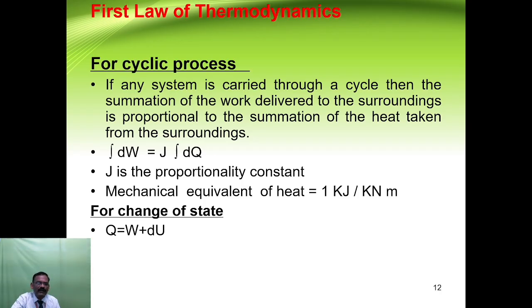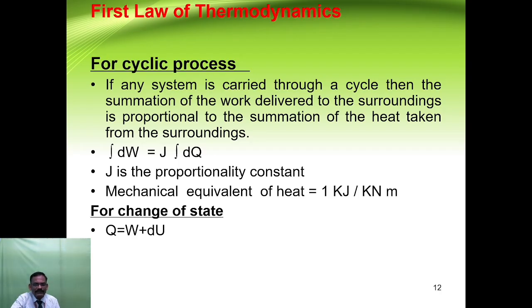So here we add the constant J, which is nothing but joule. It is a constant used for equating these two factors, work and heat. Normally the mechanical equivalent of heat is 1 kilojoule per kilonewton meter. This is the value for 1 joule, the mechanical equivalent of heat.